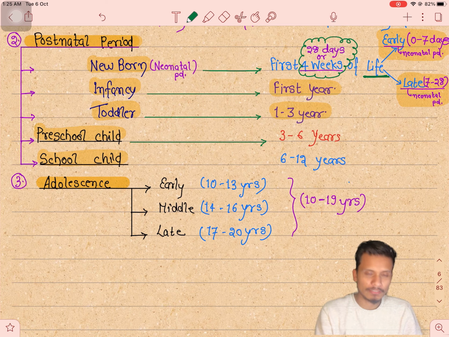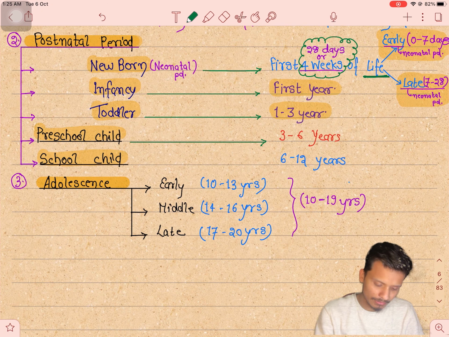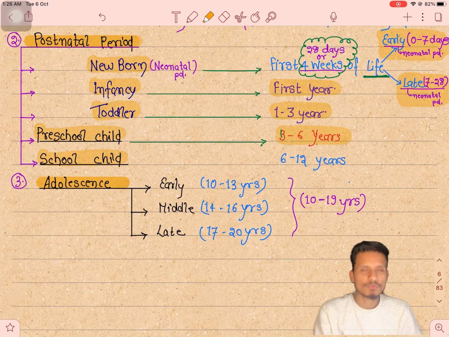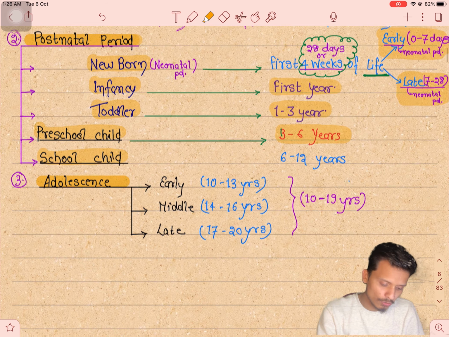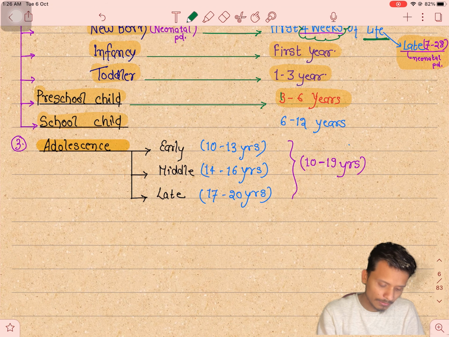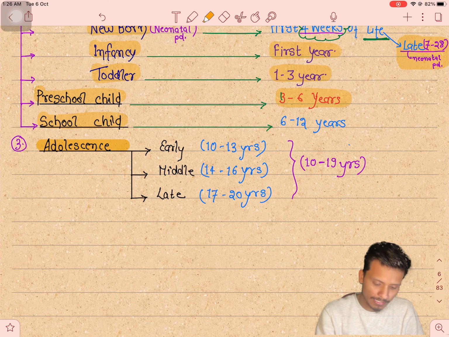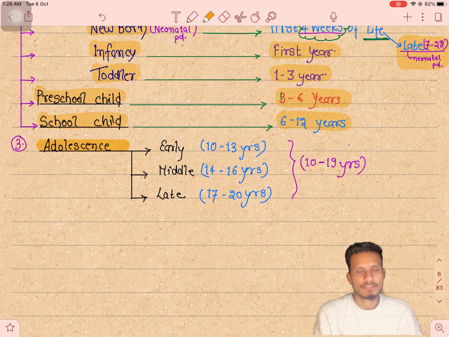They are studying in nursery classes, LKG, UKG, and these classes are the preschool classes. All these classes are included inside the 3 to 6 year range. A 3 to 6 year old child is called a preschool child. Next one is the school child. What is the age of these children? They are 6 to 12 years old. These children are called school children.